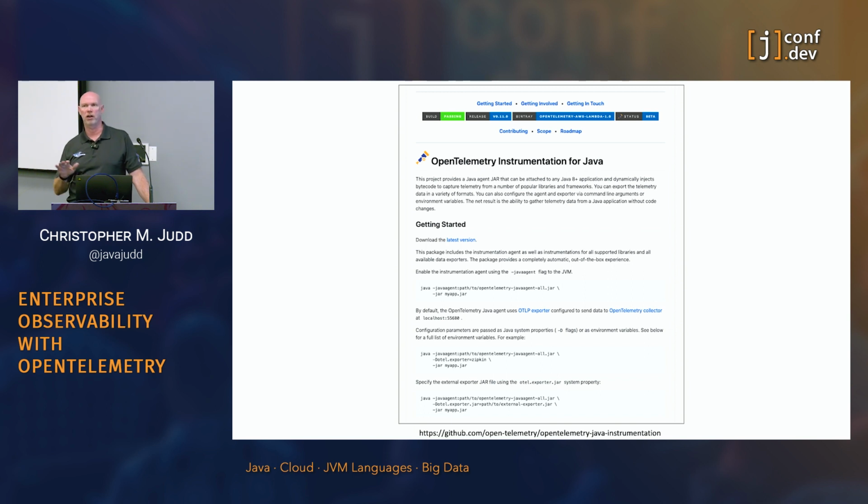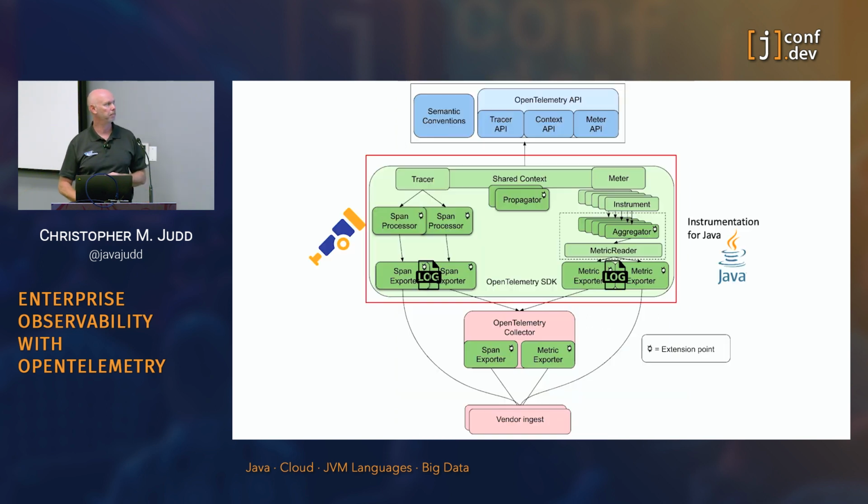In the case of Java, it's a Java agent, and what it's going to do is weave in all of the points that are common in a Java application you might want to gather, such as anytime it talks to a database, anytime it makes a REST call, anytime it talks to Kafka, even within the same application, as you're going from controller to service to data access to Hibernate to the database, JDBC, it can capture all of those spans as well with really no configuration on your behalf.